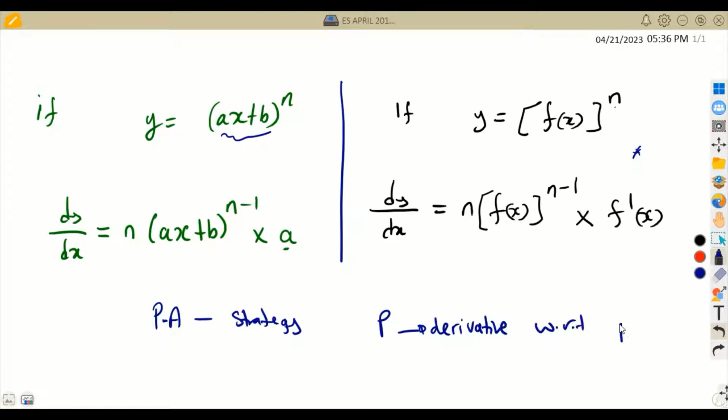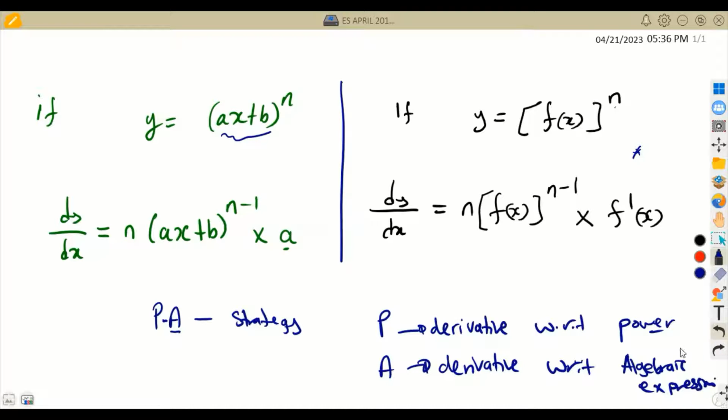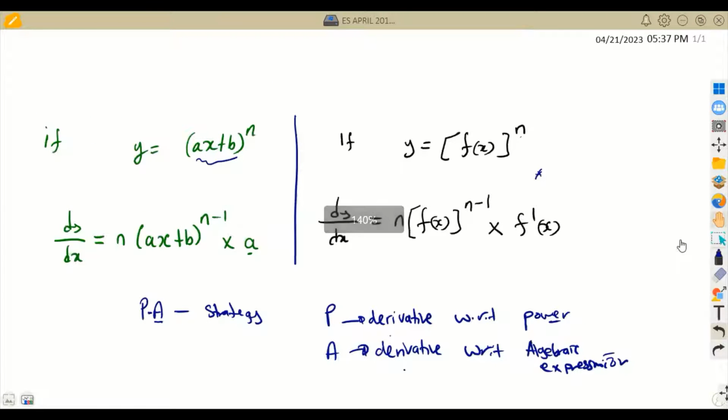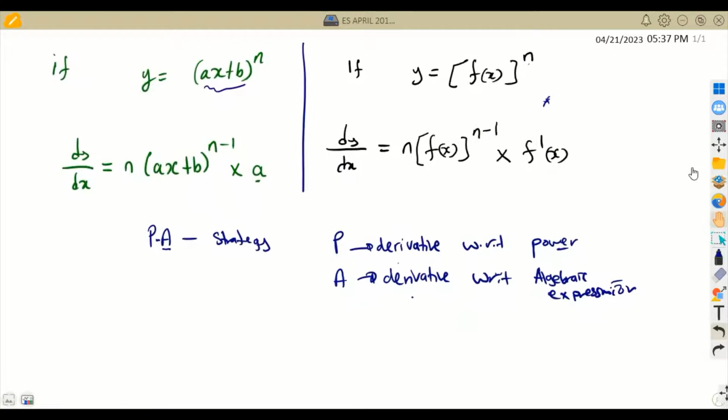So that is the P. Then the A represents the algebraic expression, so we are going to have the derivative with respect to the algebraic expression that we are given in this case. The product is the one that you are going to apply in your final answer. We are going to multiply the two, the derivative of this times the derivative of this. So that's how we can simply find the derivative of any function that is raised to a certain exponent.